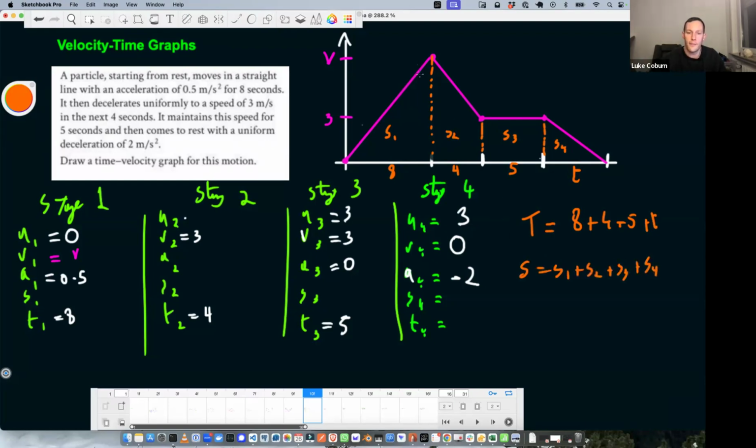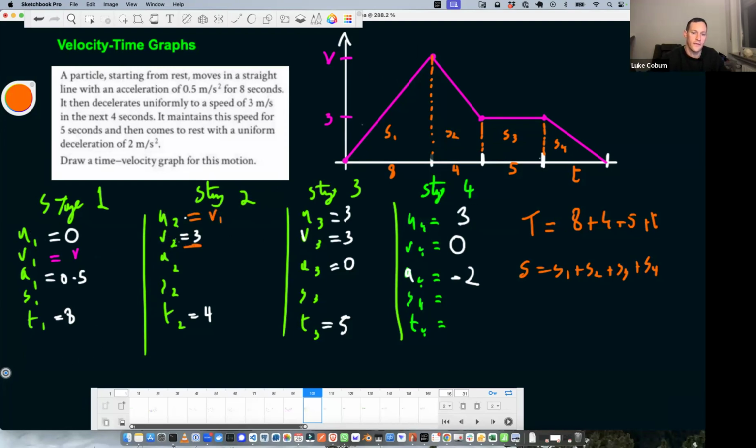Okay. Now, what else can we say? The other thing we can say here is a nice thing, right? See this U1, V1 here? The end speed V1 is the initial speed of the next stage. So U2 is equal to V1.